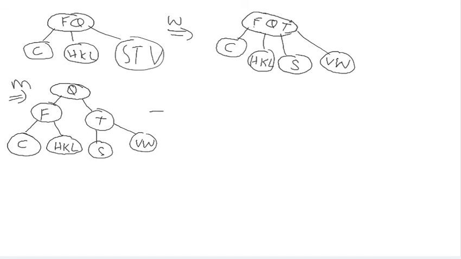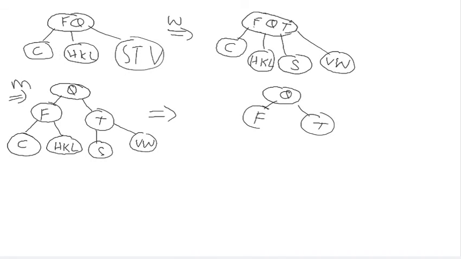Now, F has, okay, this node needs to be split. Okay. So which element will come? K will come to this node. Okay. So we have C to the left of F, and we have H in between F and K, and L, M here.